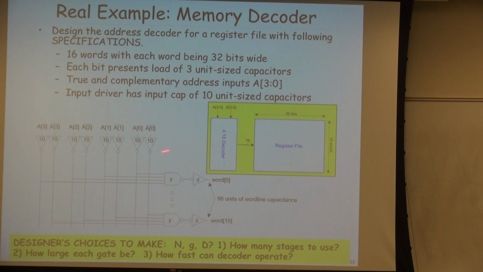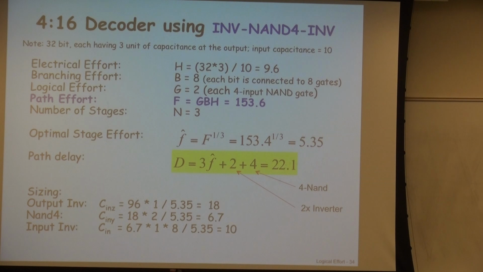Each NAND gate is 4 input. So (n plus 2) divided by 3 is equal to (4 plus 2) divided by 3, which is 2. So that's what we're writing over here, 2. So now I can calculate F is equal to GBH, which is 153.6. There are 3 stages.